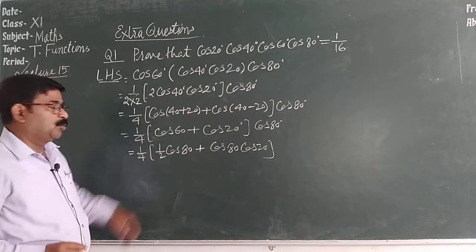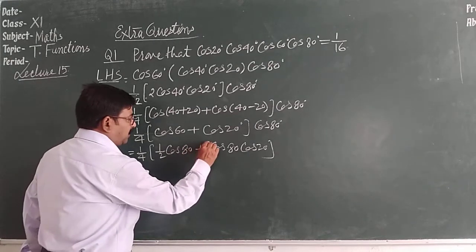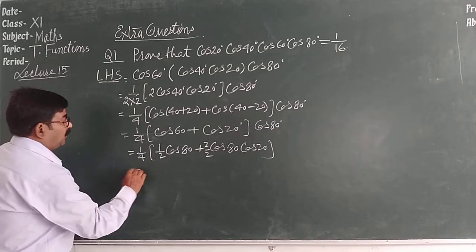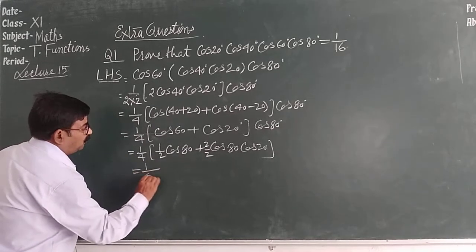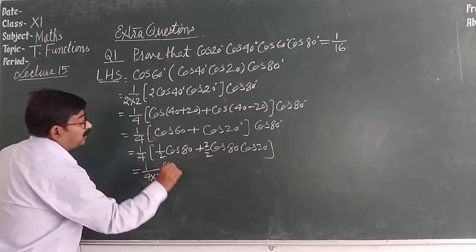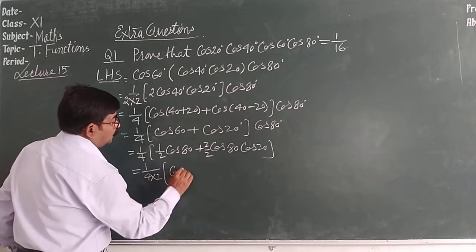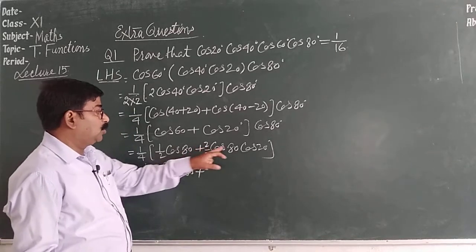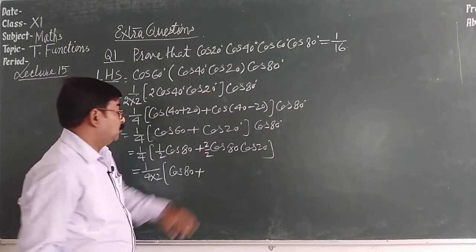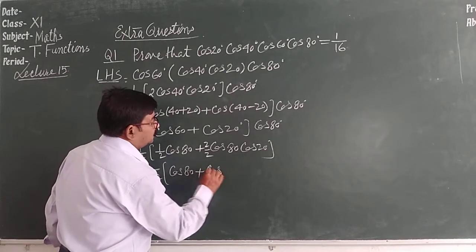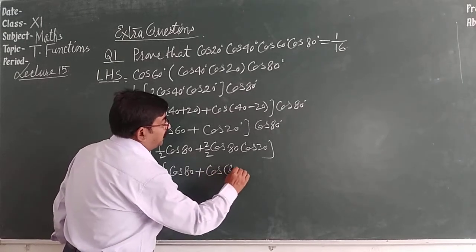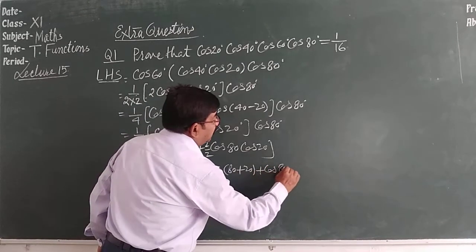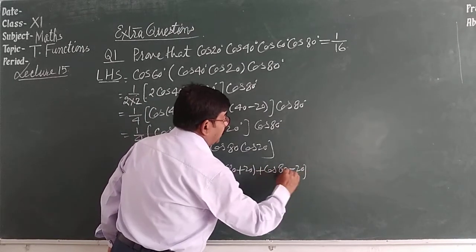Take 1/2 common, or you can multiply this by 2 and divide this by 2. Take 1/2 common. So we have 1/4 into 2 is common. Here we have cos 80 degree plus, again here we have 2 cos A cos B formula. So we can write cos 80 plus 20 plus cos 80 minus 20.